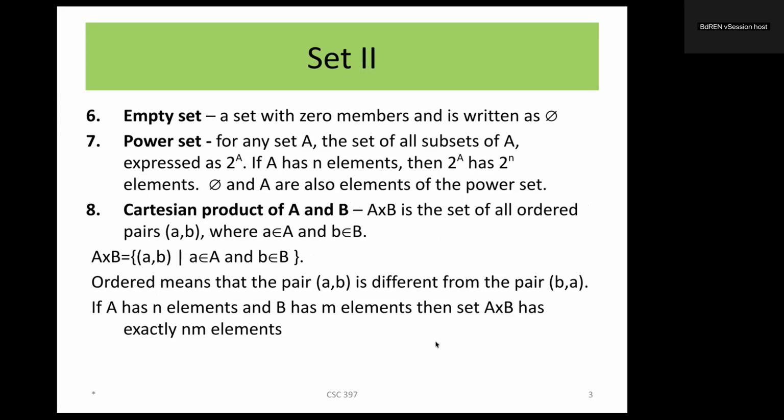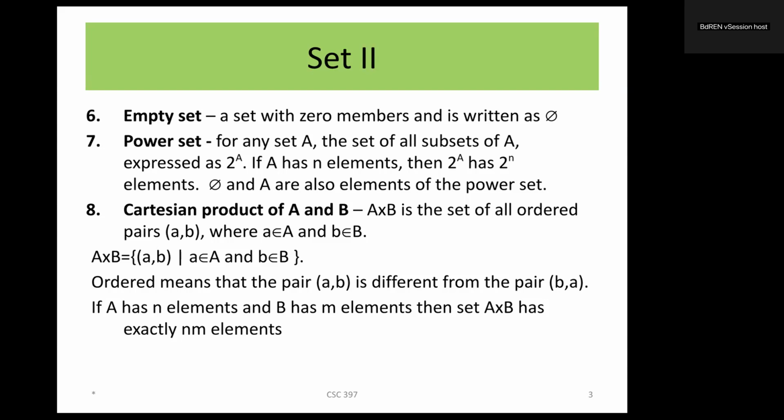Then our another point is the empty set. The empty set is a set with zero members and is written as phi. The empty set is exactly what it sounds like, a set containing nothing.